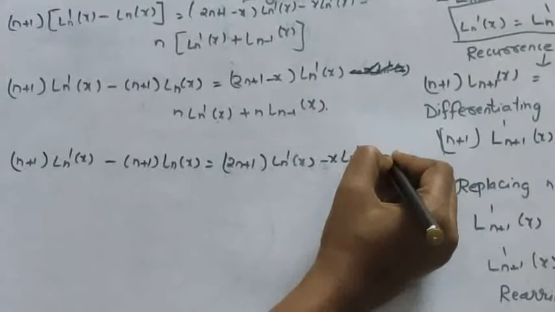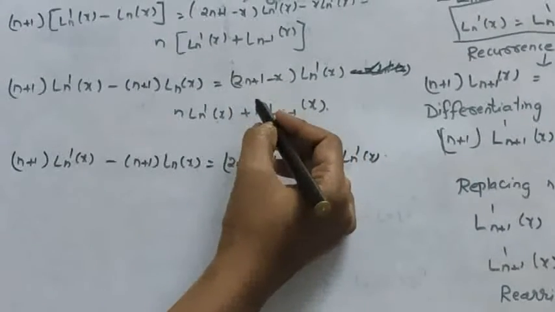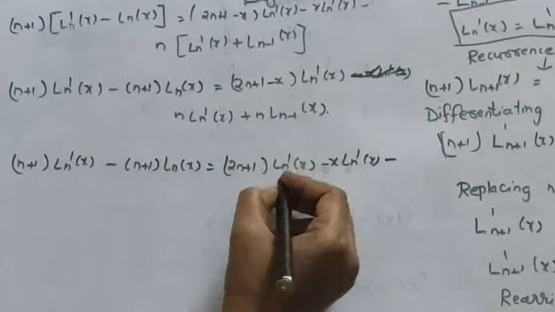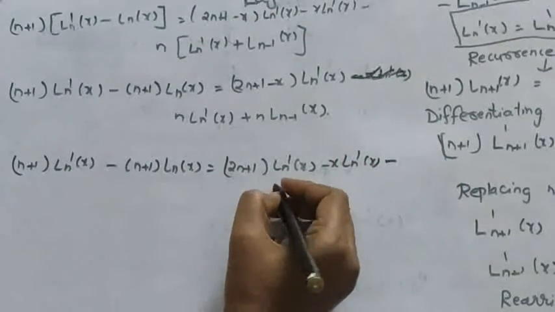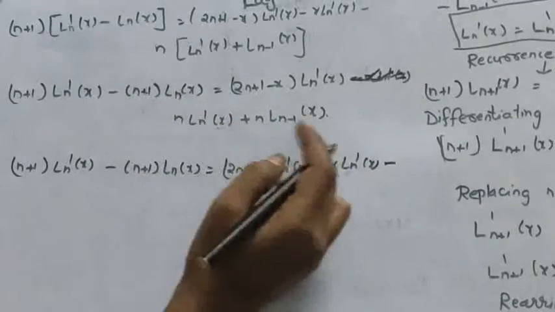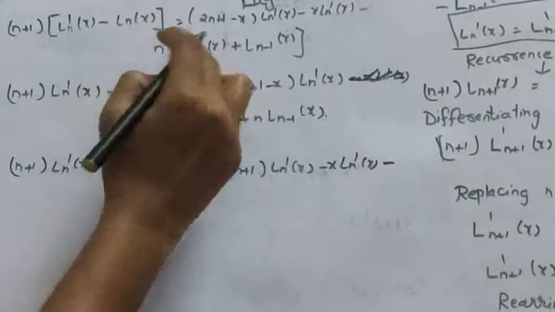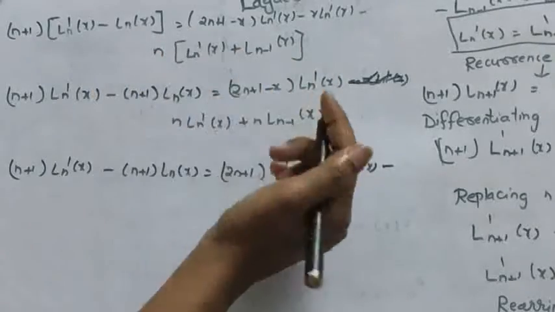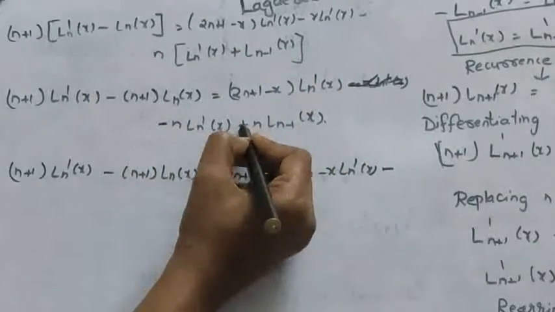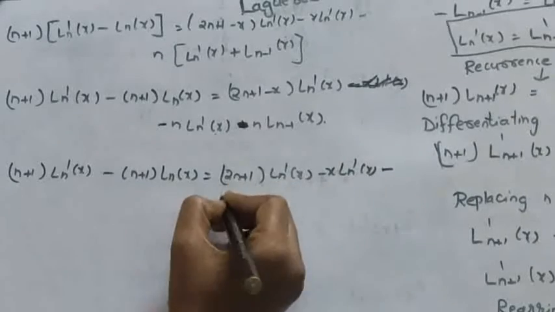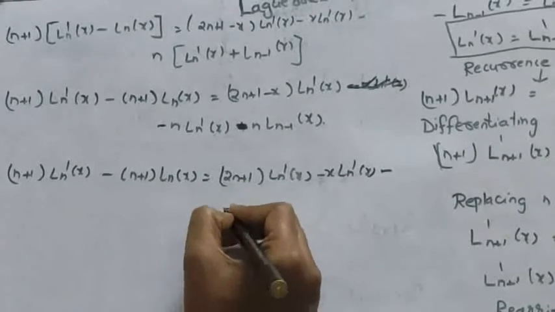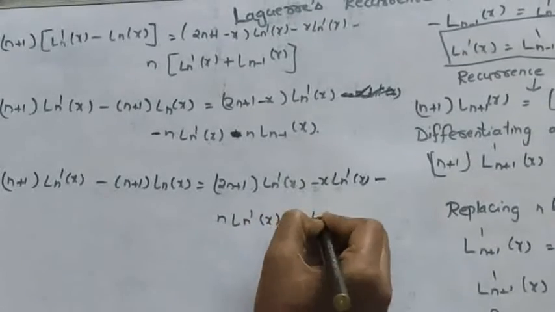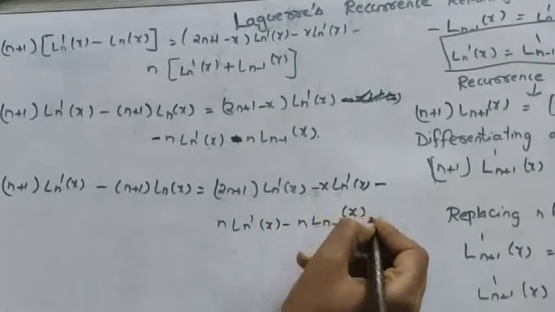Next, here there is a minus term, so minus of this term. By multiplying you will get minus, and here also minus term. These two terms become minus n ln dash of x minus n ln minus 1 of x.